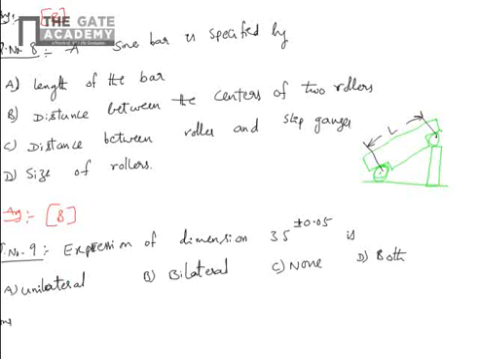So answer is B. It is bilateral because it has positive as well as negative values. That's why it is called bilateral tolerance.